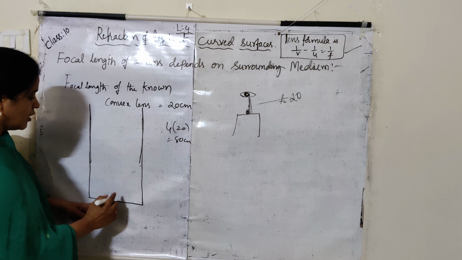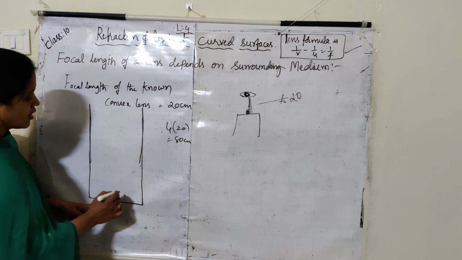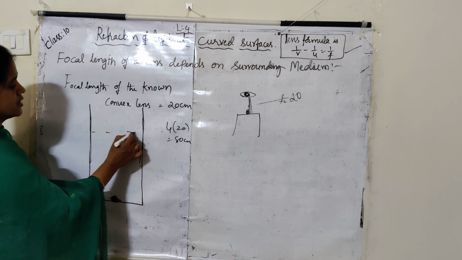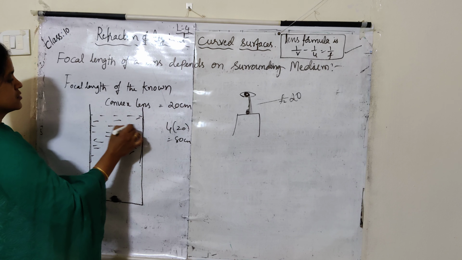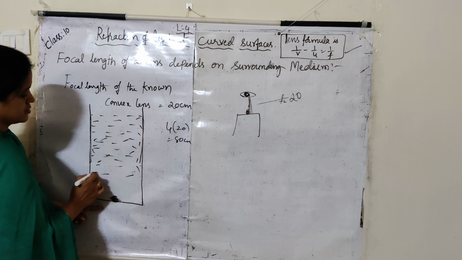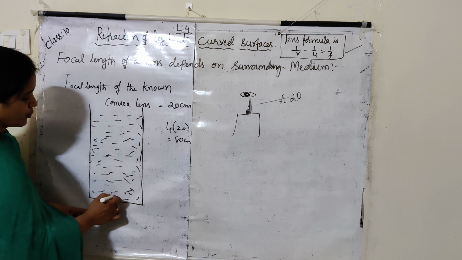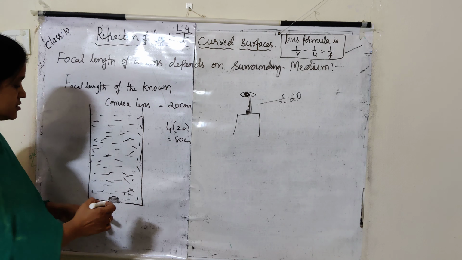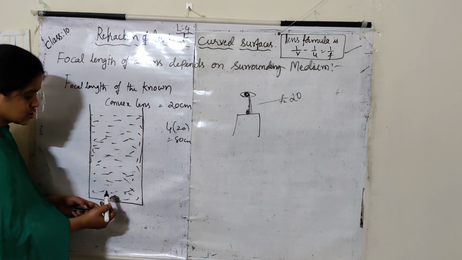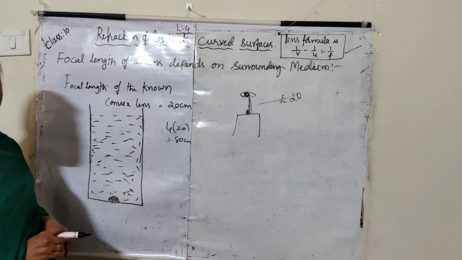Now take the stone in that vessel. First pour water in the vessel up to a certain height. Then place the black stone at the bottom of the beaker. Don't drop it, just place it.